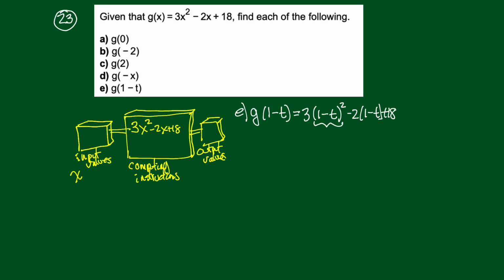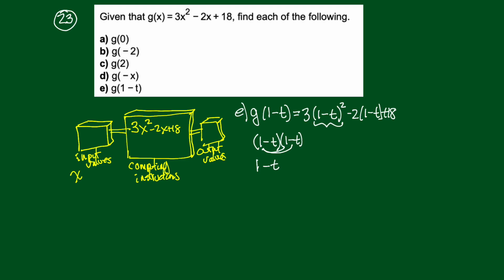All right, now we need to deal with this. If you know what it is by the rule, that's great. You can just say it to yourself and write it. But if you're not sure, let's just say 1 minus t squared is 1 minus t times 1 minus t. So multiply everything in here through everything in here. All right, so what are we going to get here? 1 times 1 is 1. 1 times negative t is negative t. Okay, I did the 1 all the way through.